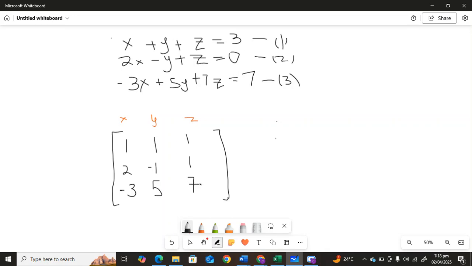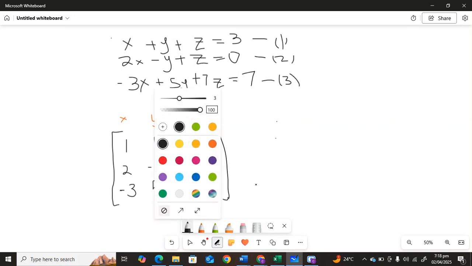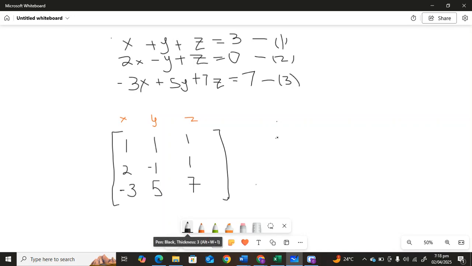Any questions before I move further? Okay, then another matrix that we have to form is for the constants, the answers for the equations here.